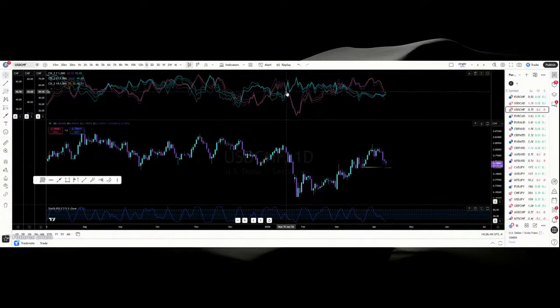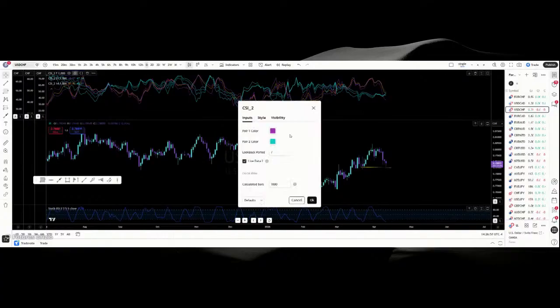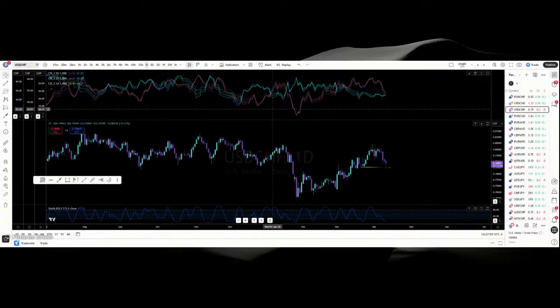The crossover doesn't really happen on any of these until we get to here. So is there really a need to show it with 3 instances of the indicator? I don't know. And if we make it a 10, then it's a little bit tighter.